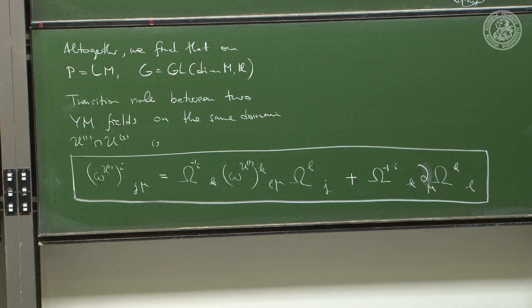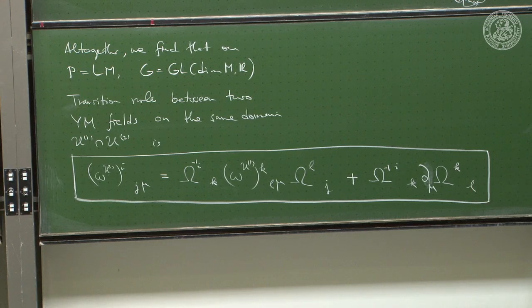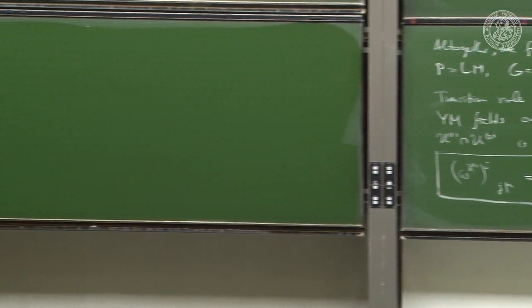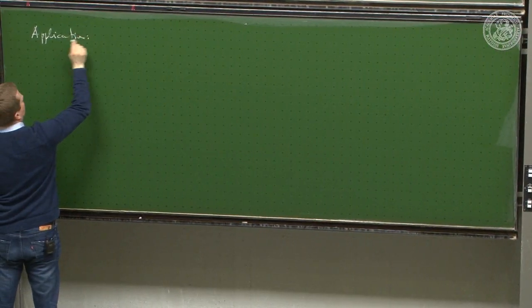But the formula you know for transformation of connection coefficients is, of course, the one where these sections have been induced by coordinate choice. So application, just one application.